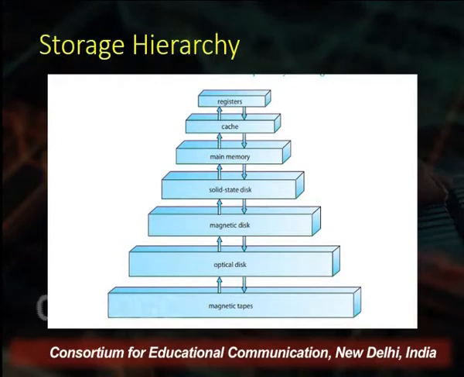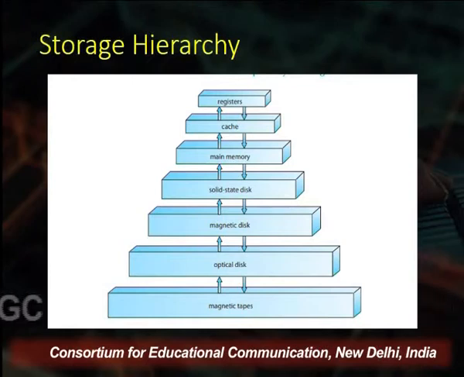From this figure, it is very clear that the storage available on top is very limited. The size of the bar shows that it is very limited, but despite being limited, it is very, very fast, because the CPU is going to access the registers first, as these are within the processor.